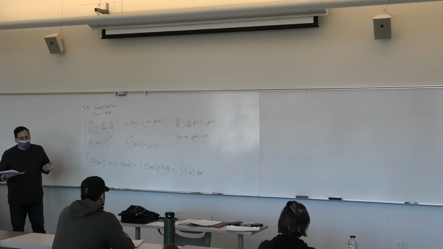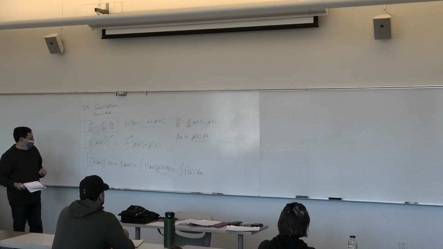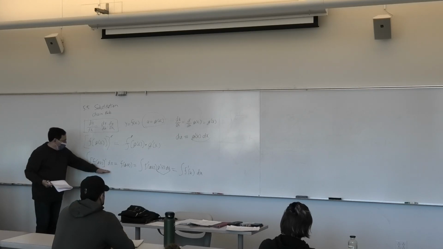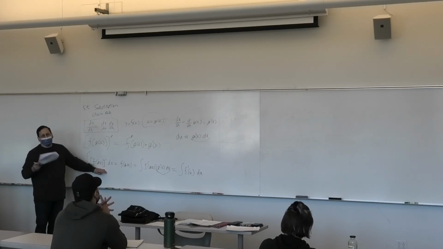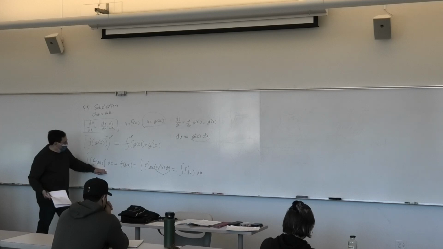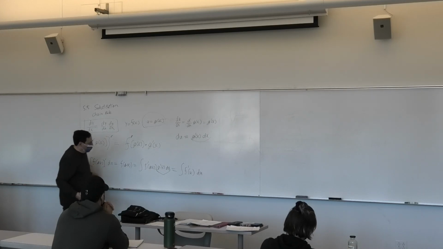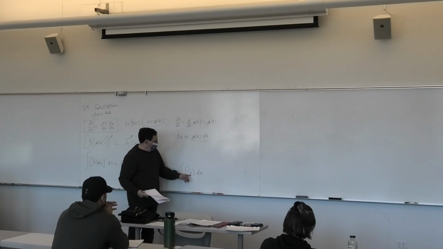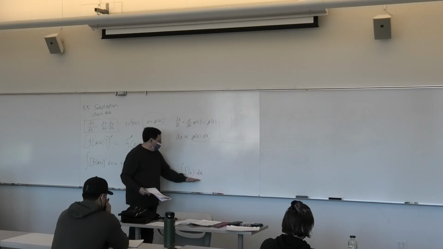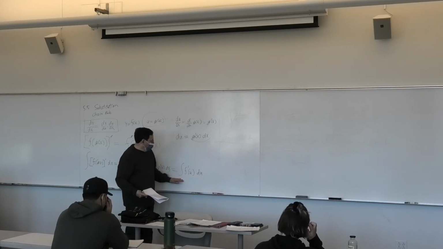So this is what we call the substitution formula. We have a composition of functions, and we're using the chain rule in reverse. We're going to substitute for g of x some other variable u, and we're just going to try and solve this.